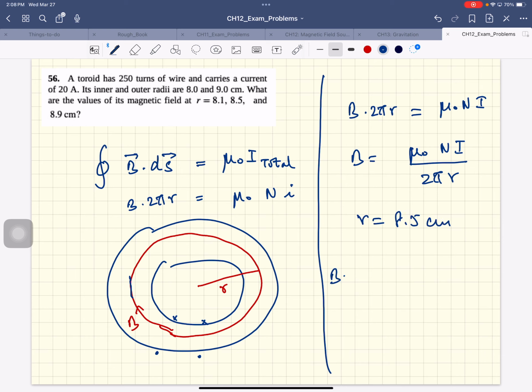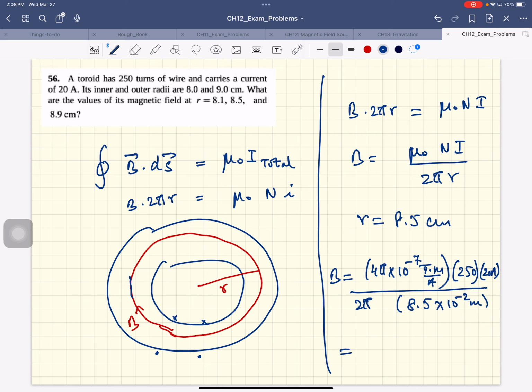So the magnetic field is mu naught, 4 pi times 10 to the minus 7 Tesla meter per amp. N is 250 and current is 20 amps, and 2 pi r is 8.5 centimeters.